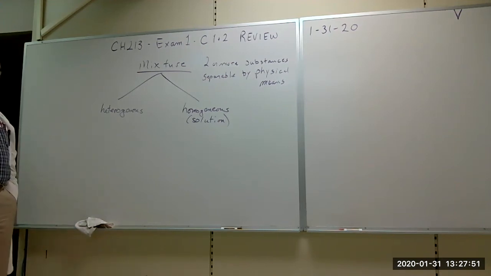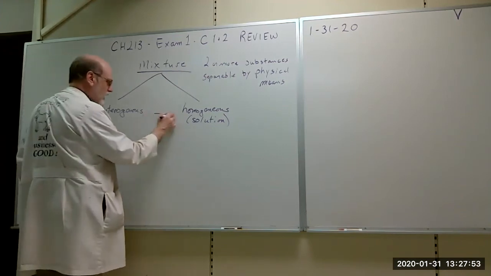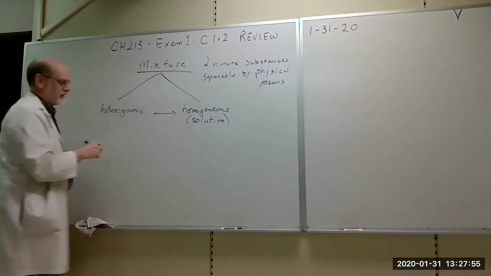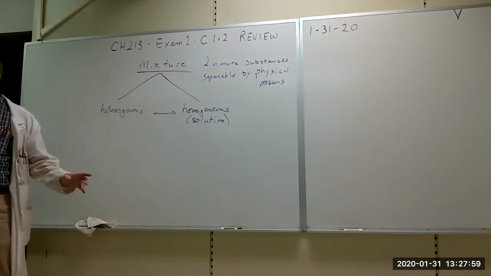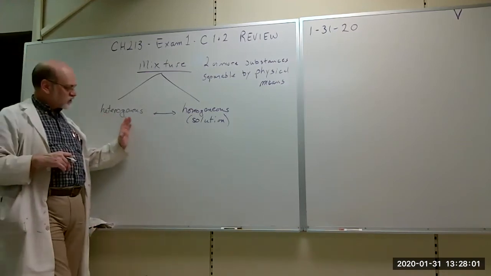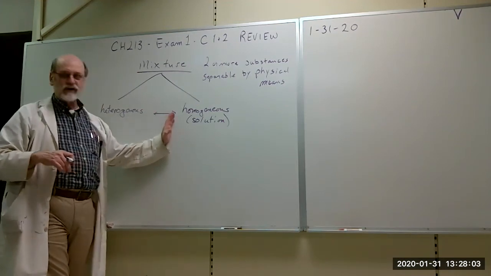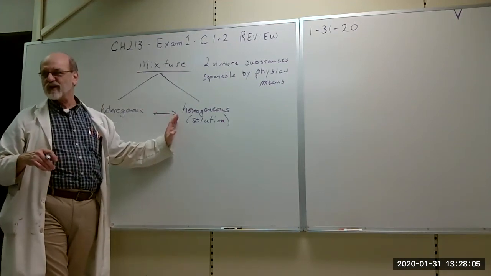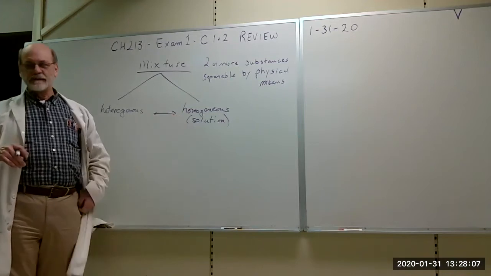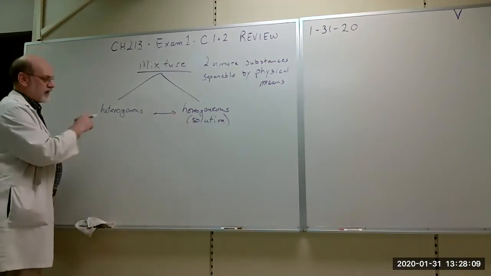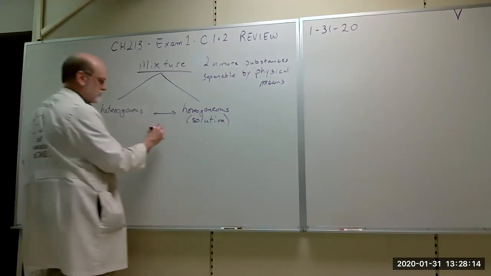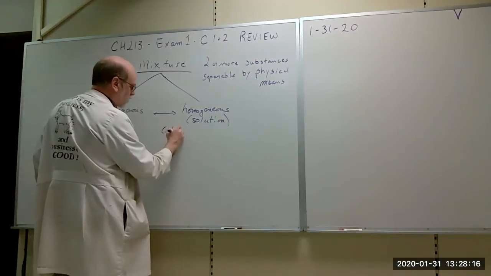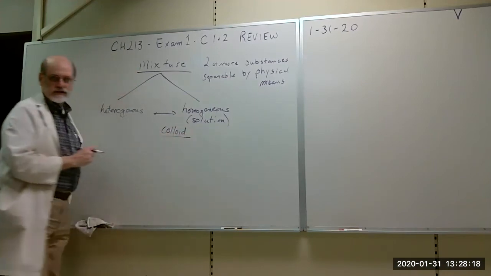Now, I personally think there is some middle ground. It's not just a stark division. Some heterogeneous ones, you can get really close to homogeneous, but not quite there. And for these, I think a good example is, we didn't talk about this in class, colloids.